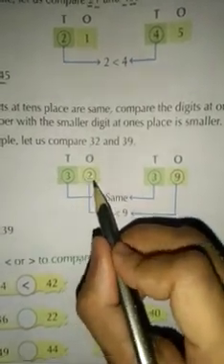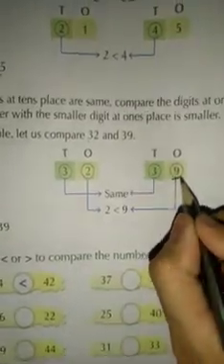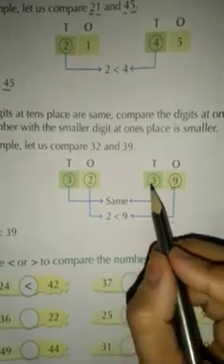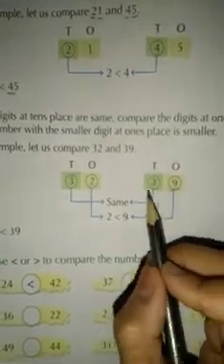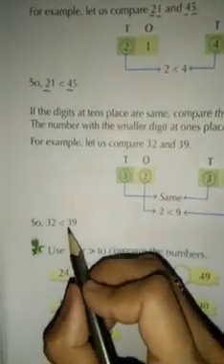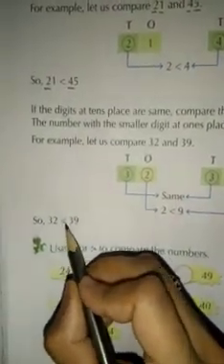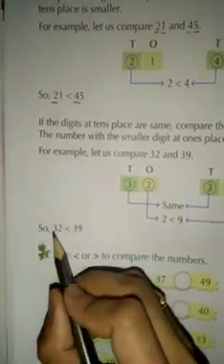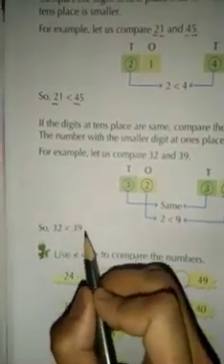So here we have 2 and here we have 9. Now which is bigger? 2 is bigger or 9? 9 is bigger. So from here we can say that 39 is bigger than 32. Or we can say it like this, 32 is smaller than 39.